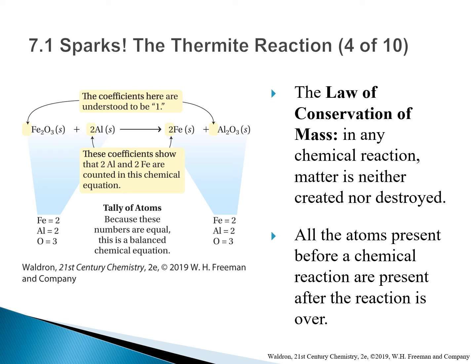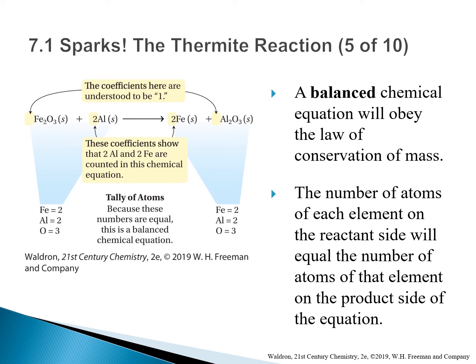All the atoms present before a chemical reaction are present after the reaction is over. A balanced chemical equation will obey the law of conservation of mass. The number of atoms of each element on the reactant side will equal the number of atoms of that element on the product side of the equation.